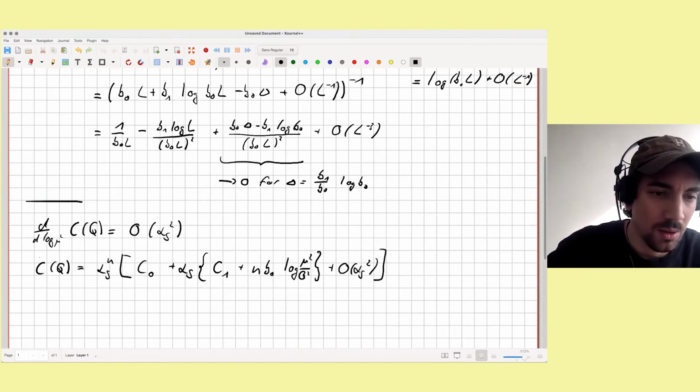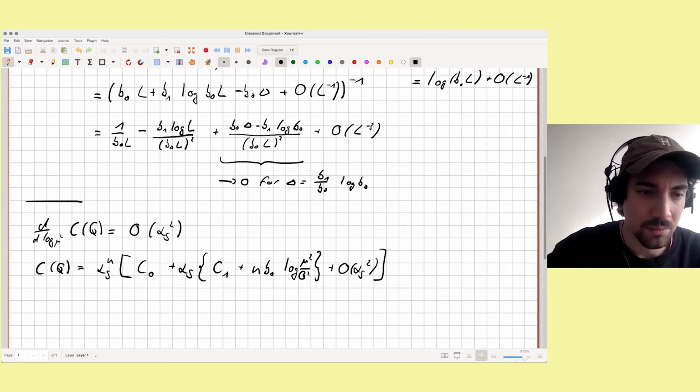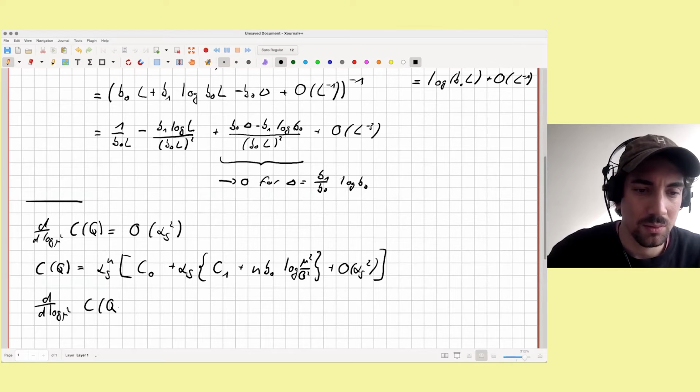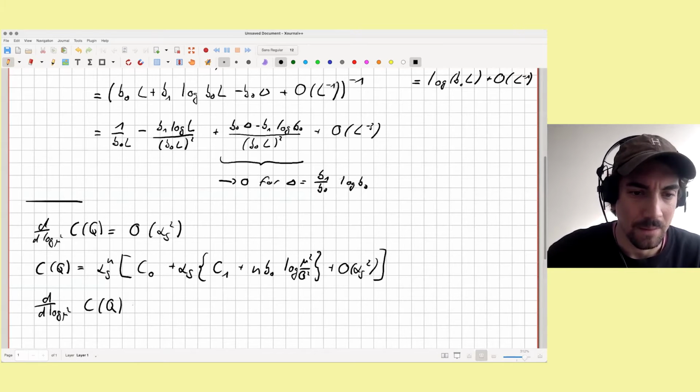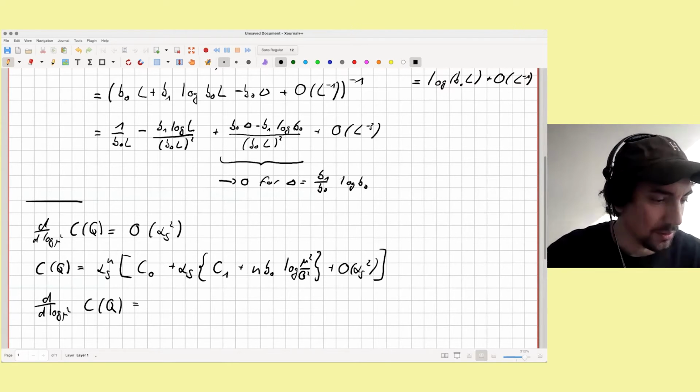And so we just plug in the results we have from the lecture. For this we need in particular the scale dependence of alpha s, which is just given in terms of the beta function. Doing this, we then use simply the chain rule and get the following result.